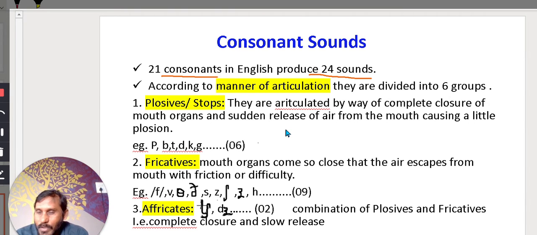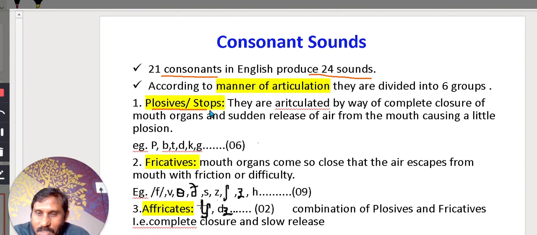So now I'm going to restrict myself to the manner of articulation, not the position. Don't worry about the position now. So according to manner, these 24 sounds can be classified into 6 groups. You understand? The first group is plosives.